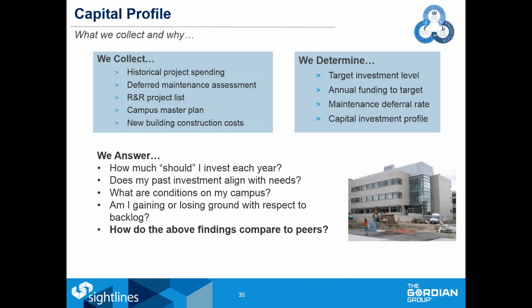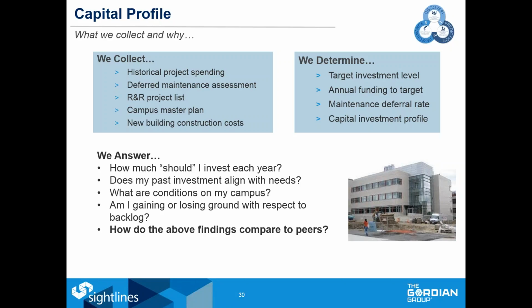After space, we look at capital investments. What do we collect? We're looking at historical project spending. We're looking at deferred maintenance assessments, R&R project lists, any master plans that you might have, or any construction costs that you might have. And why do we do that? Well, we want to answer a lot of core questions.